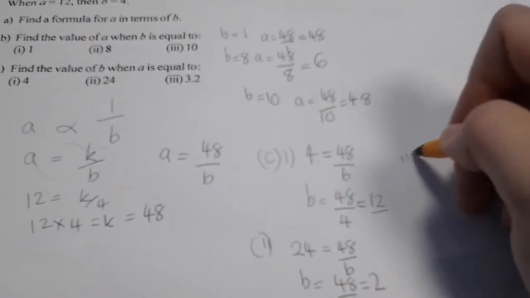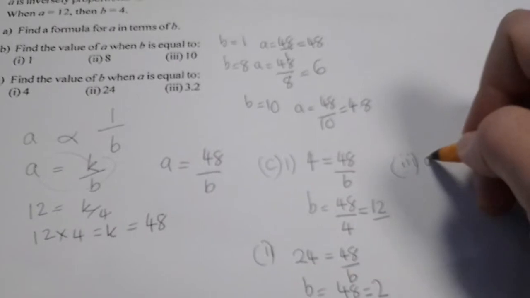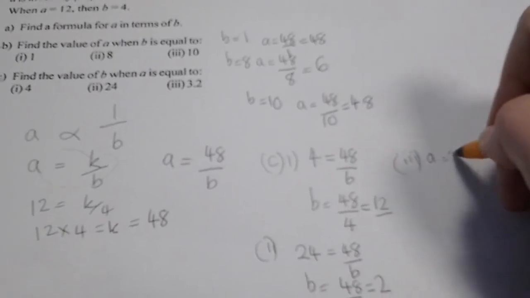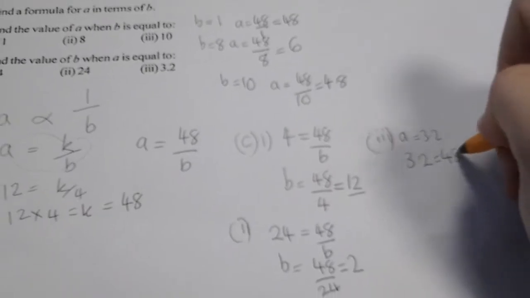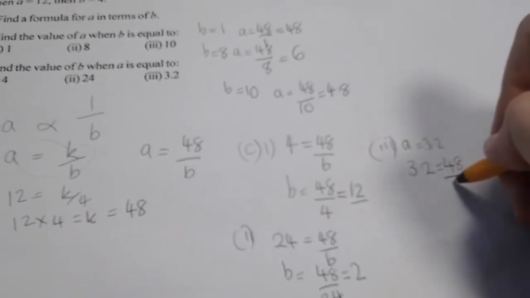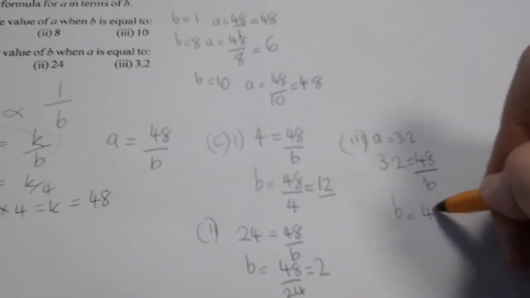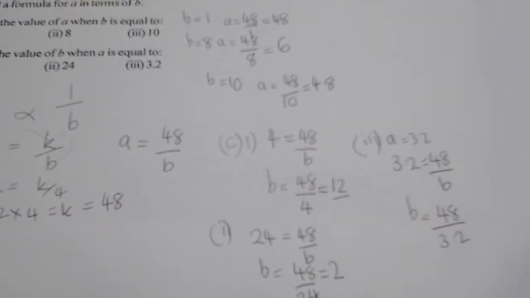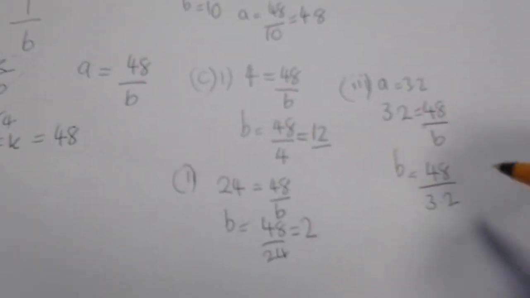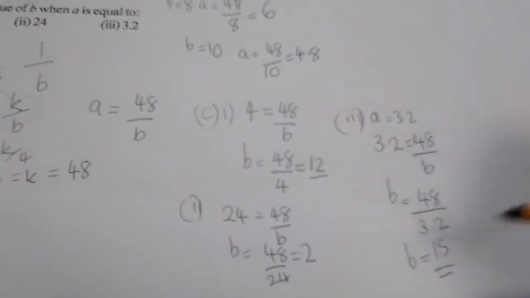Finally, for part 3, A equals 3.2, so 3.2 is equal to 48 divided by B, so B is equal to 48 divided by 3.2, which is 15. That's that done.